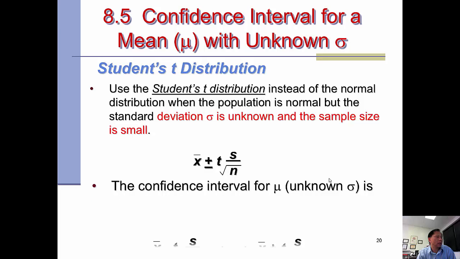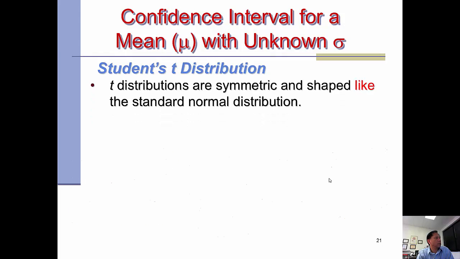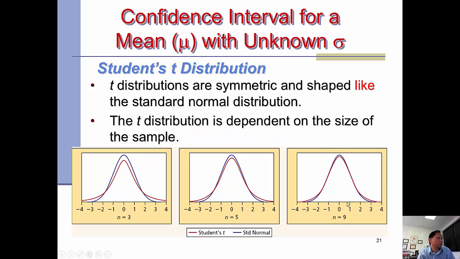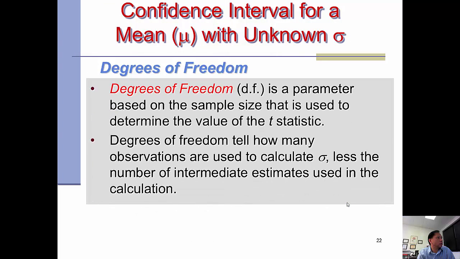Right? There's a confidence interval for mu when the sigma is unknown, using t, the student t value. The student t distribution is symmetric and shaped like the standard normal, very much the same, especially when n is large. You can see it's very much like a normal distribution. Okay? And also there's a concept of degrees of freedom.